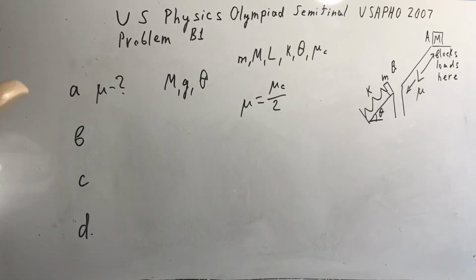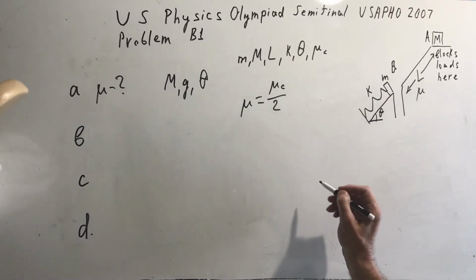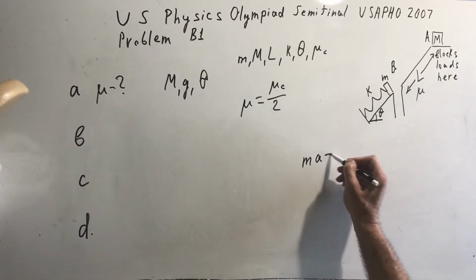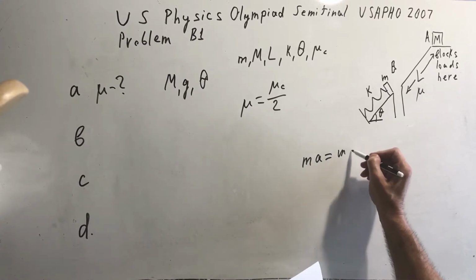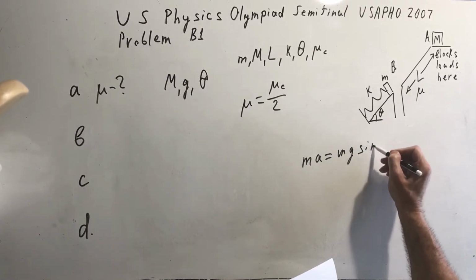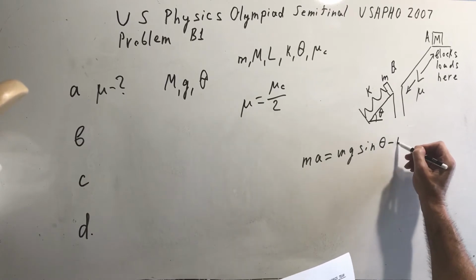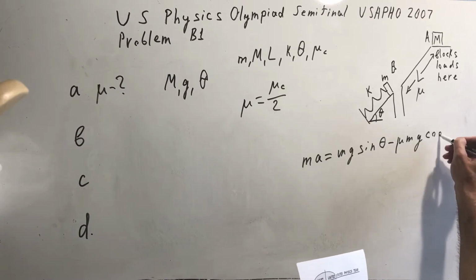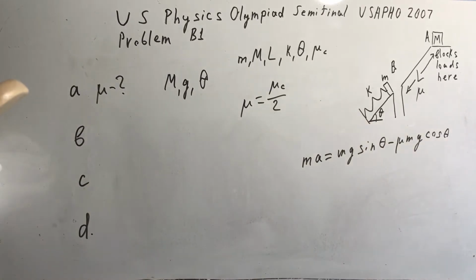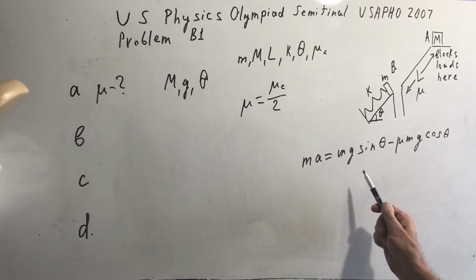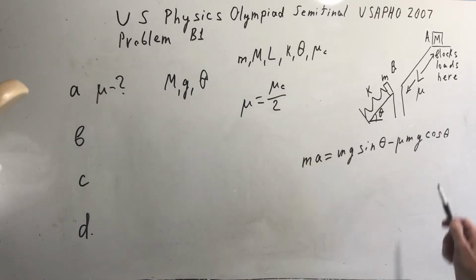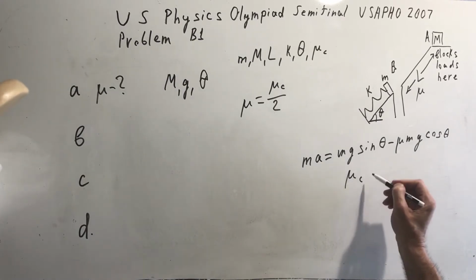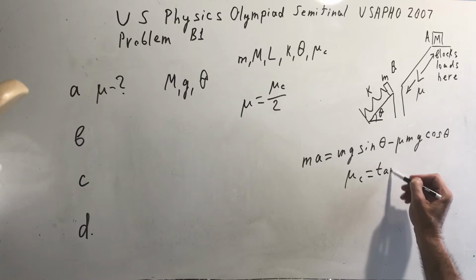So here we know that to write the equation for motion on the incline, we have ma equal mg sine theta minus mu mg cosine theta. So for the critical angle we have this part exactly equal to 0. So it means that mu critical equals tangent theta.